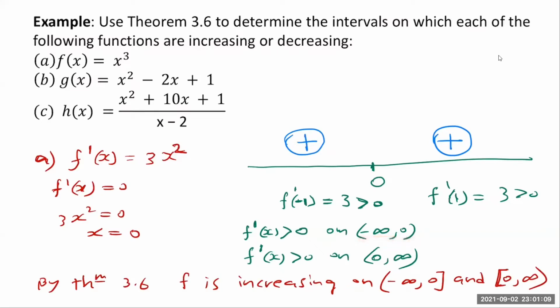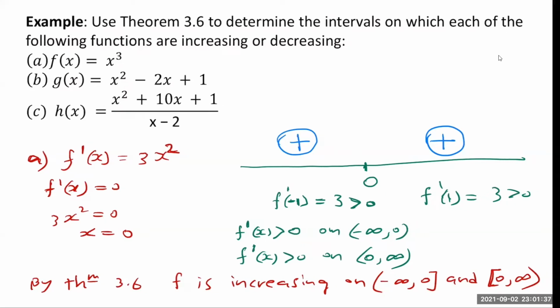So my function is increasing on this interval and on this interval. My function is increasing from negative infinity all the way up to 0, and then again from 0 to positive infinity. 0 is included.